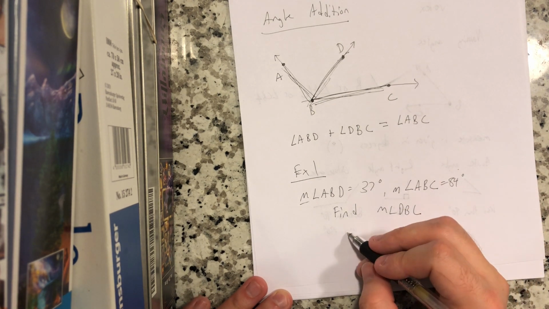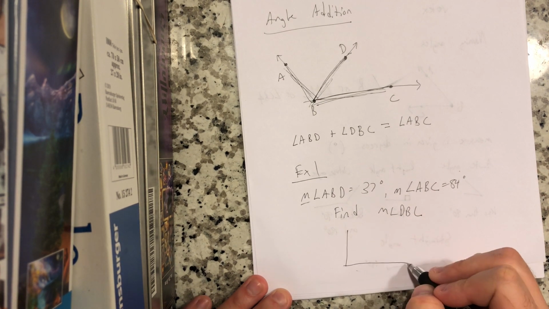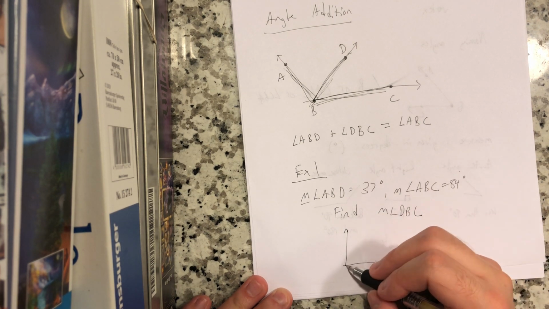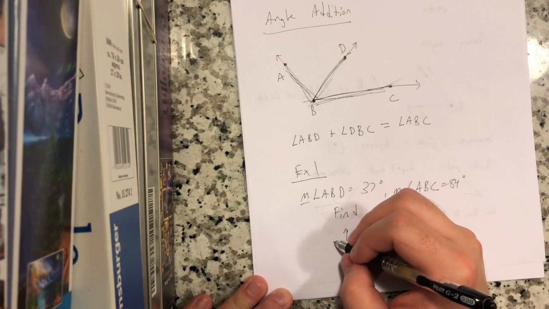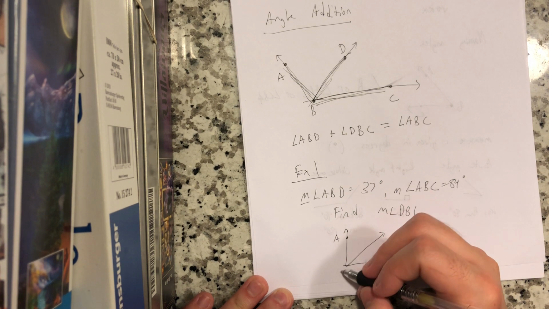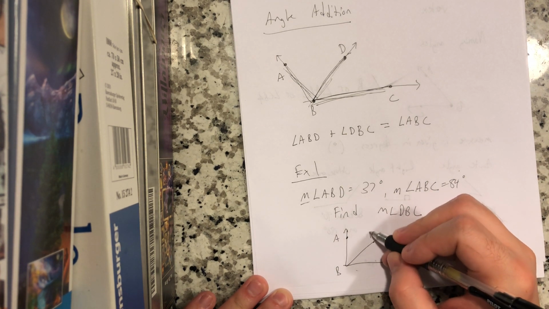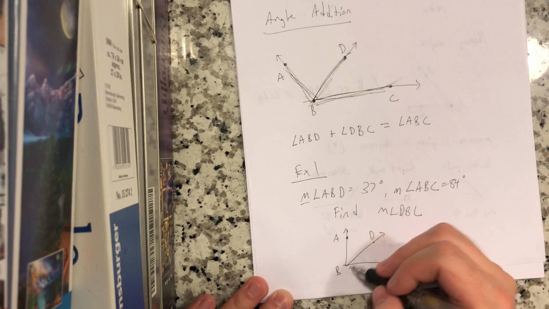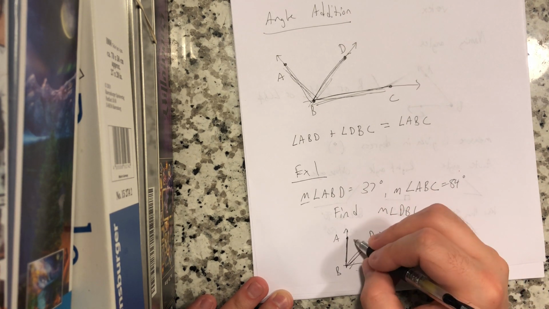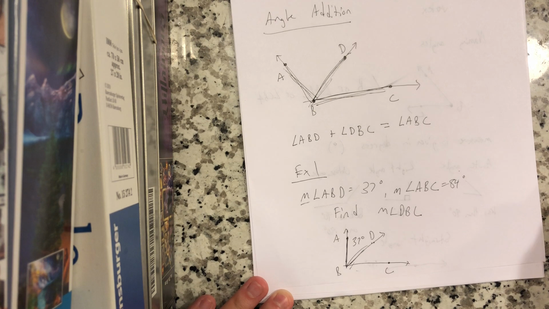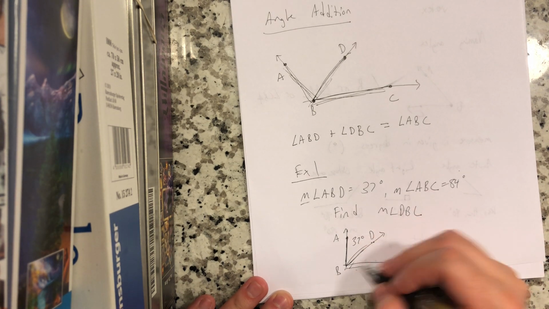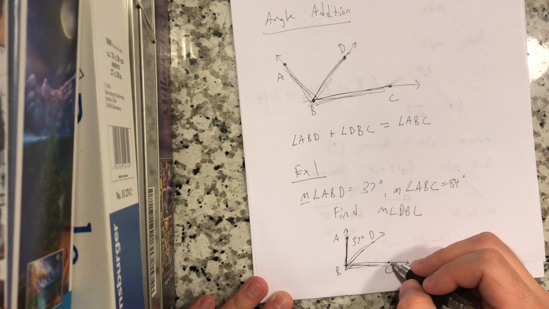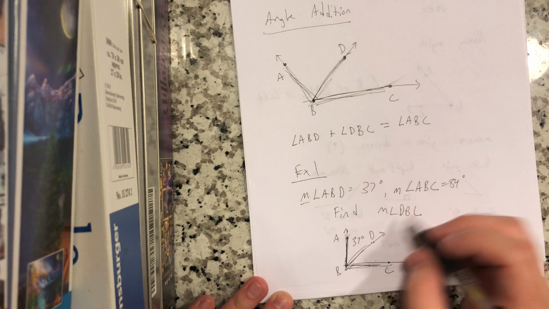So here again, we'll draw a picture. Here's A, here's B, here's D, here's C. So ABD is this one here, and this is 37 degrees. ABC, which is this whole thing, is 84 degrees.